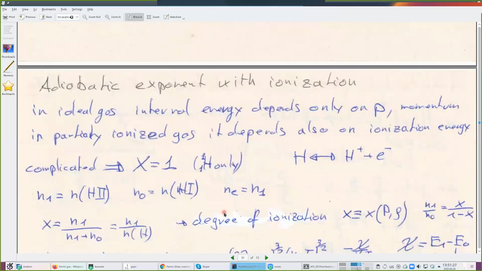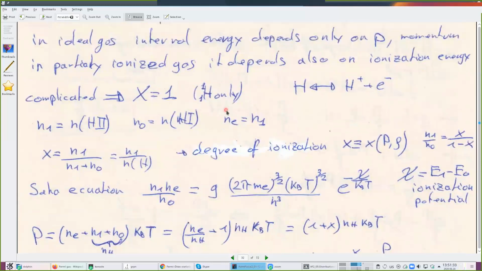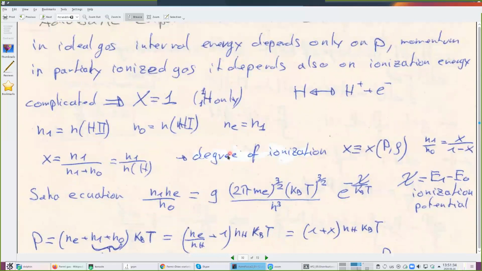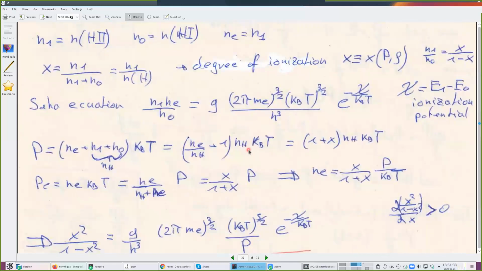The adiabatic coefficient can vary because during ionization, part of the energy can be absorbed by ionization, so the gas is not behaving as usual.